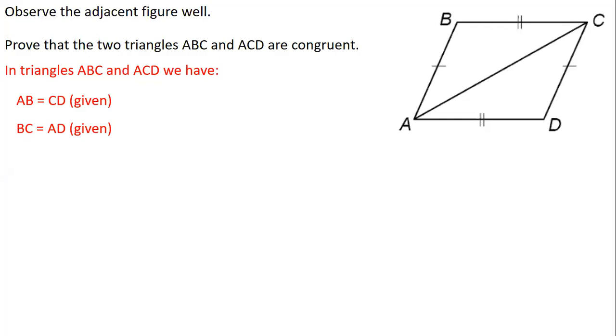And what about side AC, Zahra Dia? What do we call side AC, which is found in the two triangles at the same time? Common. Yes, AC is a common side.